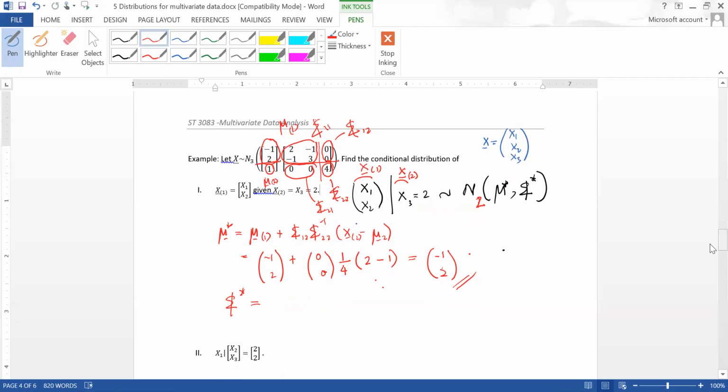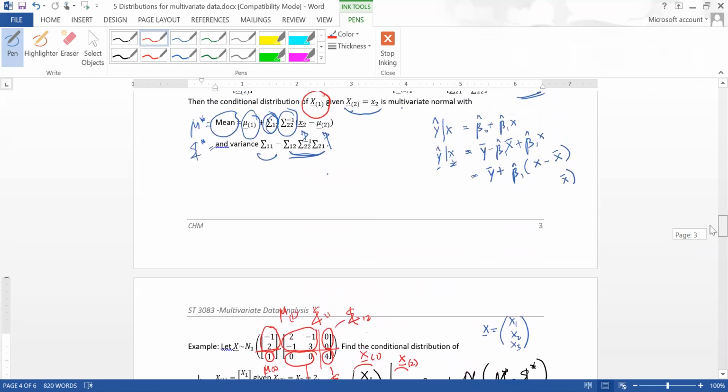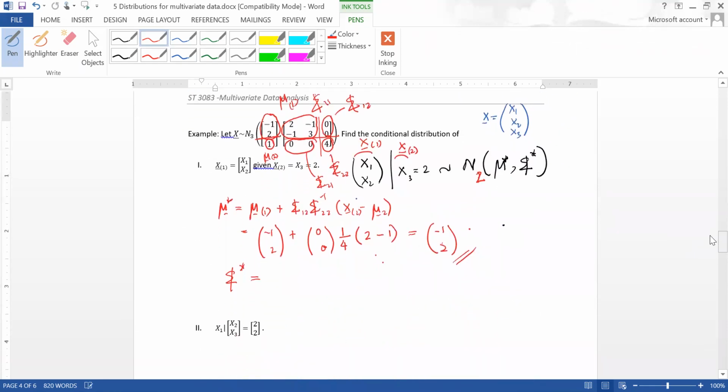Sigma star, the equation, you don't have it, right? This one, sigma 1,1 minus sigma 1,2. I'll write it here.